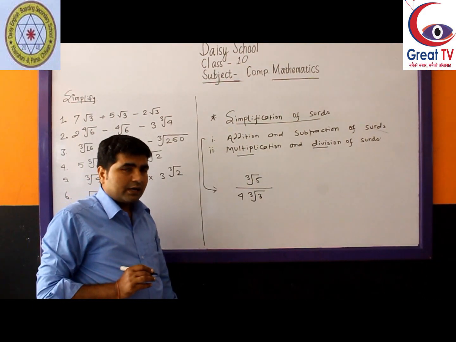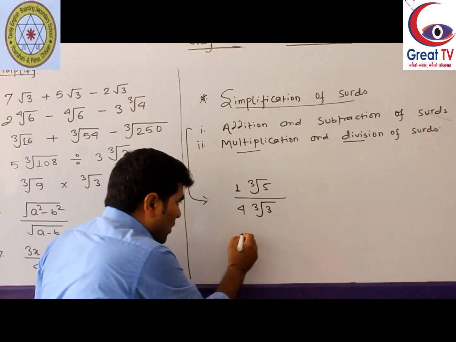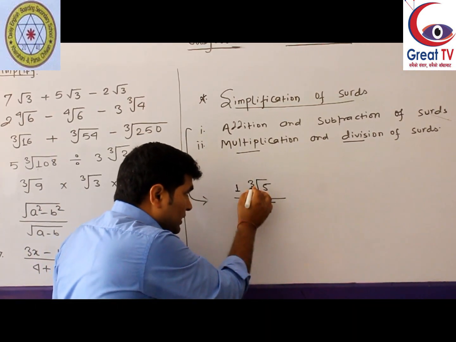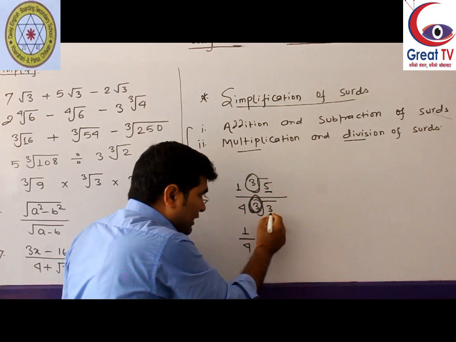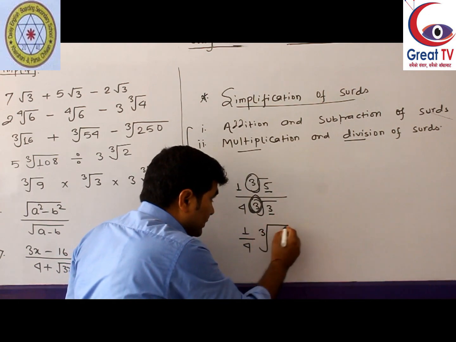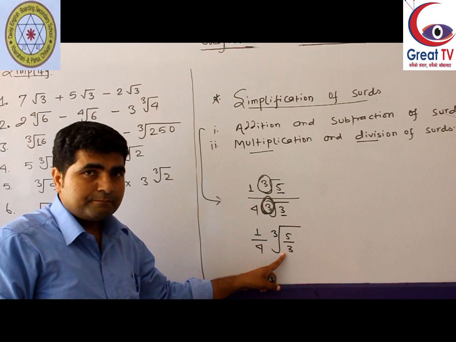Can we divide this or not? The coefficient is nothing, that means 1 divided by 4. Here the order of both Surds is the same. We can put 5 and 3 in a single root, that is 5 divided by 3. This one is the solution.